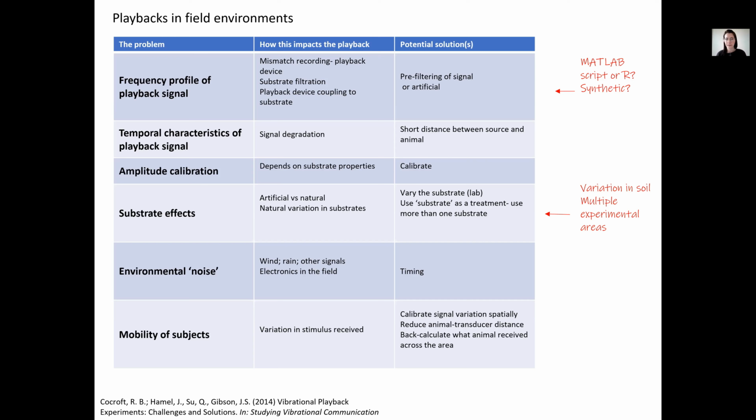So currently my thinking is that we would just work in as many different areas across the site as possible, and we would measure the substrate itself and include substrate physical factors in our model. But I'd welcome any other feedback on that.